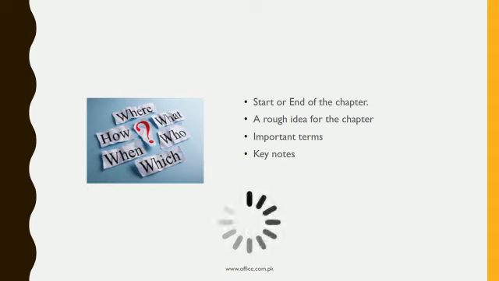The important terms, okay, you don't know about a certain term, but you'll know that, oh yes, I'm going to study about this particular term in this chapter, so that your brain again becomes trained and it takes a picture of that particular word and then it will retain it for your later use.